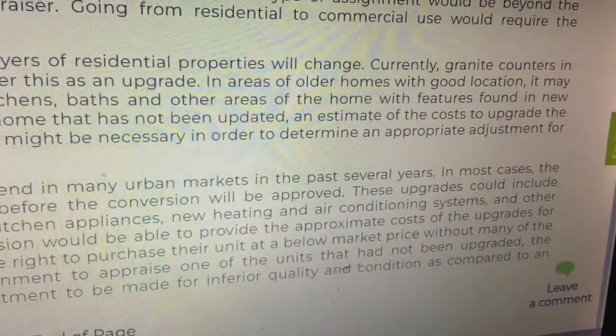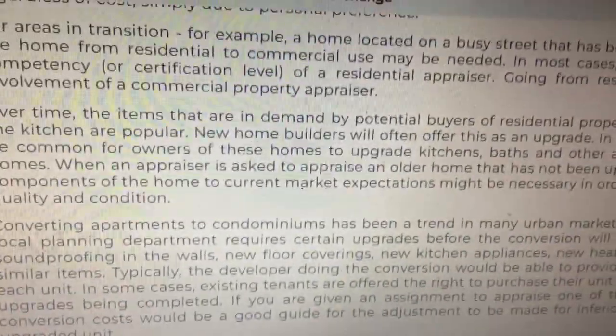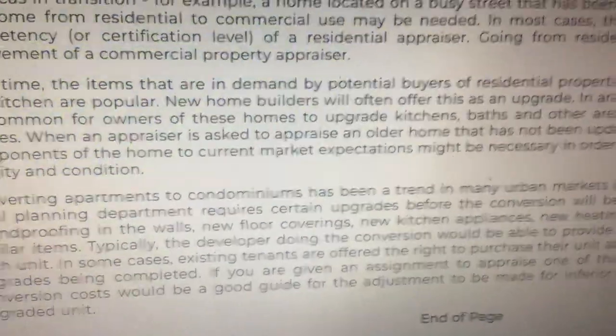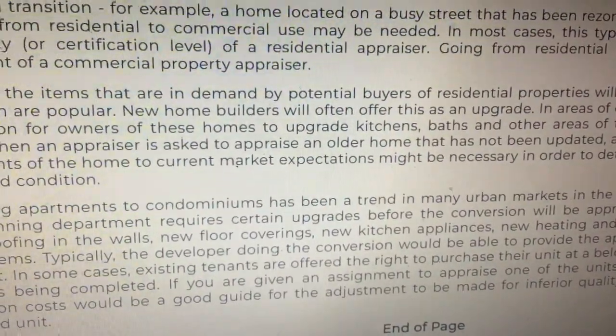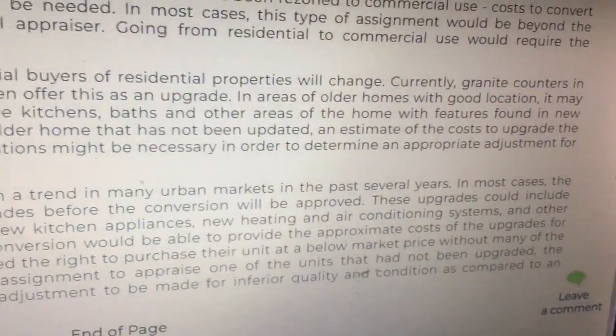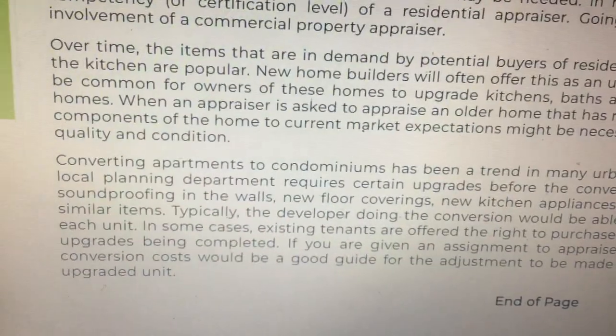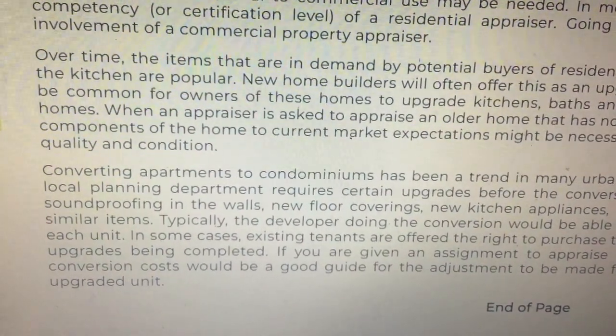In areas of older homes with good location, it may be common for owners of these homes to upgrade kitchens, baths, and other areas of the home with features found in new homes.